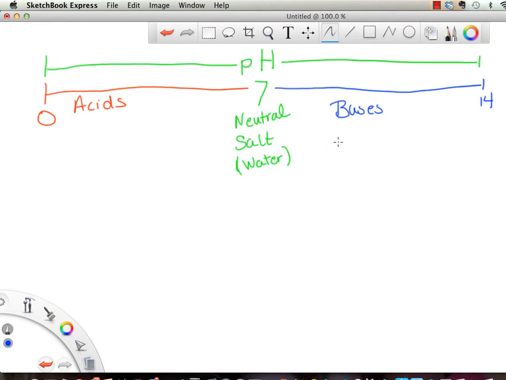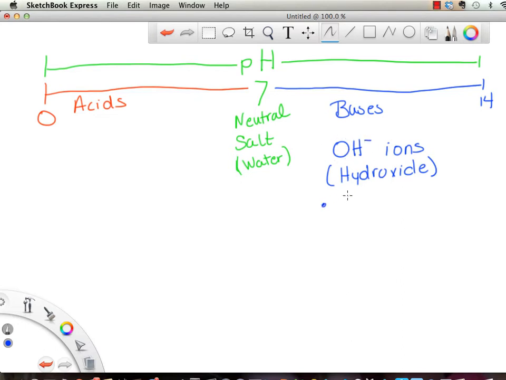So bases create hydroxide ions, hydrogen, oxygen, hydroxide ions. And so we're going to put hydroxide under here just to remind you what OH stands for. Okay, and if you see that in a chemical formula, you know you've got a base.